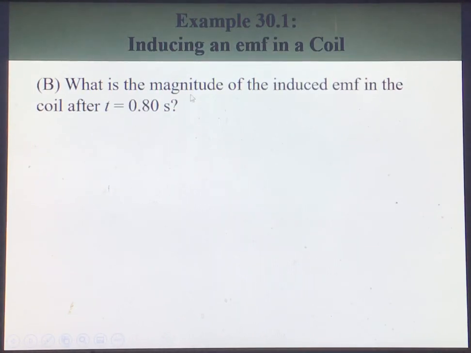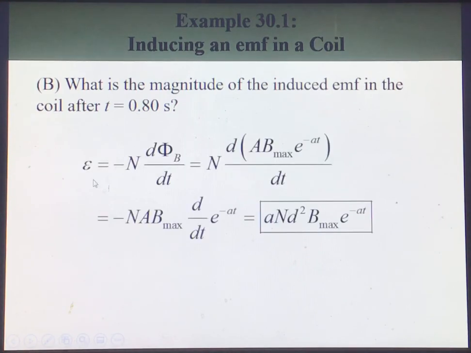Now, what is the magnitude of the induced EMF in the coil after t equals 0.8 seconds? After t equals 0.8 seconds, I need to use this equation right here. You take the derivative of this quantity. Taking the derivative, you can pull out the area, which is a constant, and you can pull out B max.